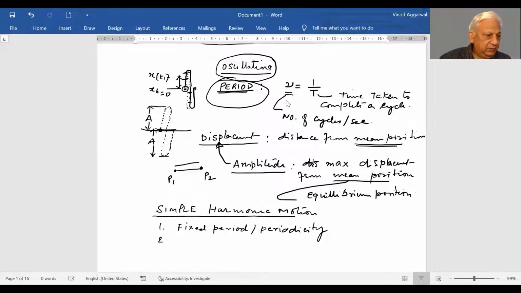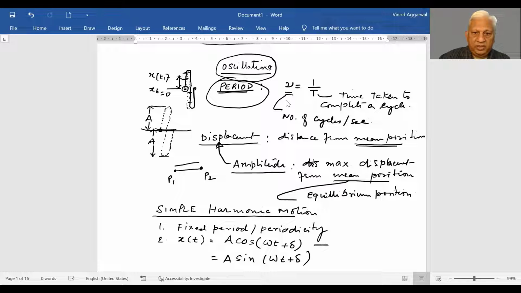Second is displacement should be a sinusoidal function. A sinusoidal function is like, it could as well be, both are sinusoidal.